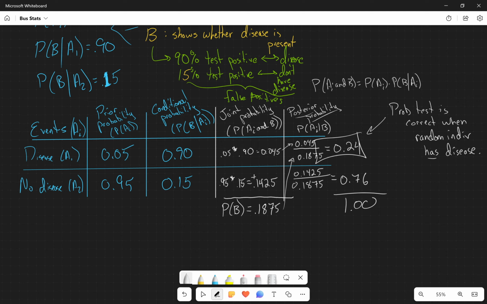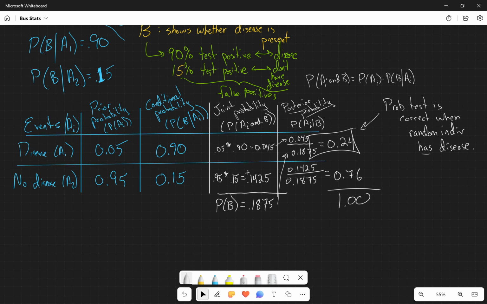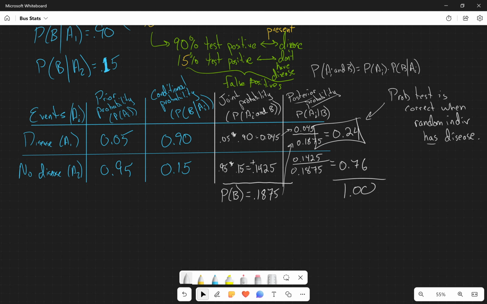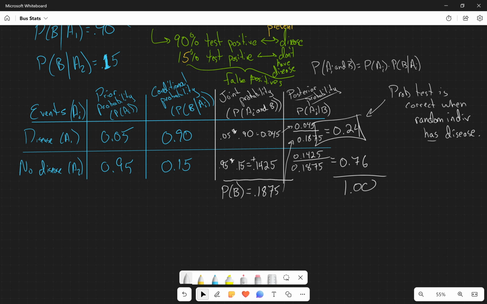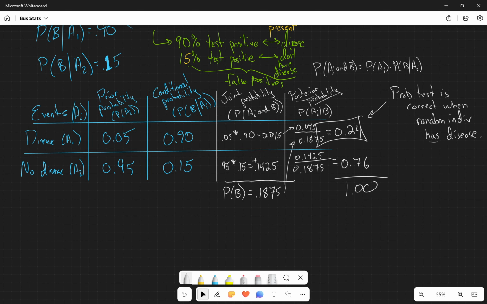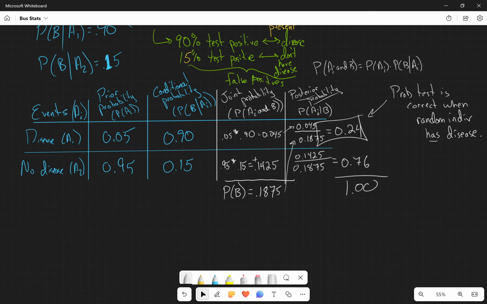So we know they have the disease. We're trying to figure out what's the probability that the test is correct when they have the disease. So that's one way to calculate the posterior probability. You calculate the joint probability, and then you look at the relative share of the joint probabilities for each event to get the posterior probability.